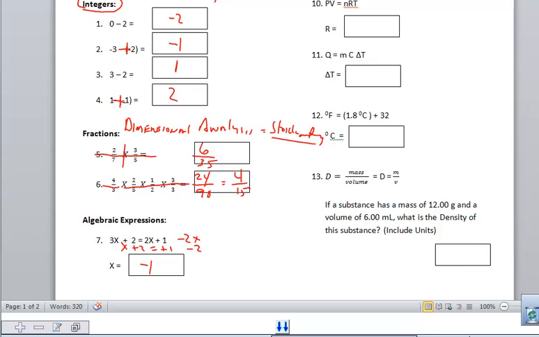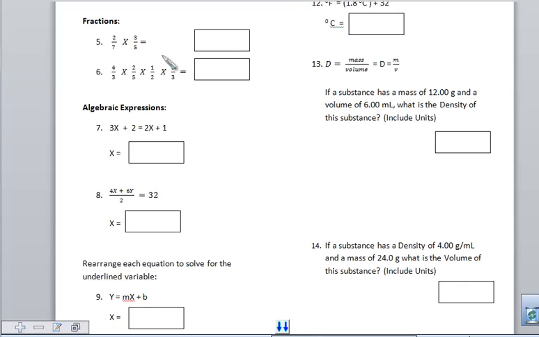Let's go on here, so we go 7, 8, 9. Okay, 8 here is a little bit more difficult. What I would do is multiply both sides by 2, and that would give me 4x plus 6y equals 64.